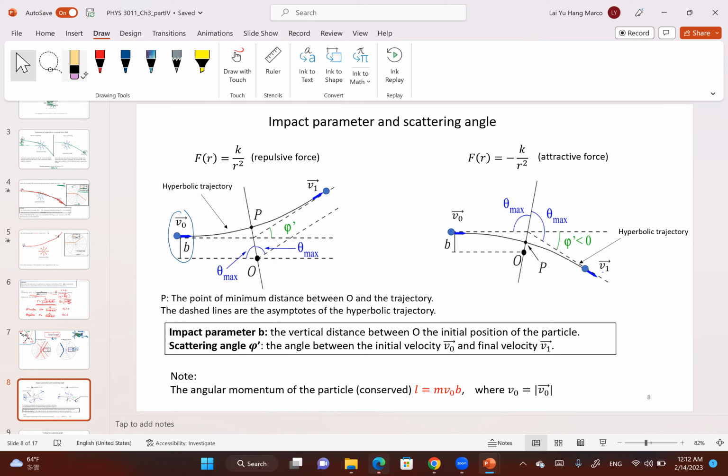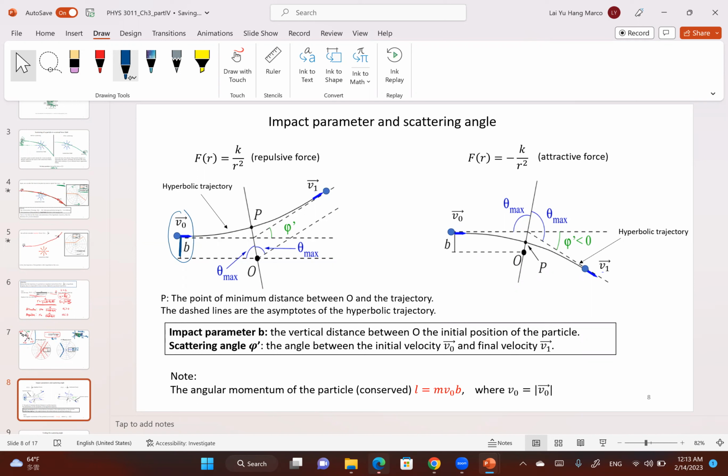So the B is the lateral distance that I mentioned earlier. This is the B. I call the B the so-called impact parameter.